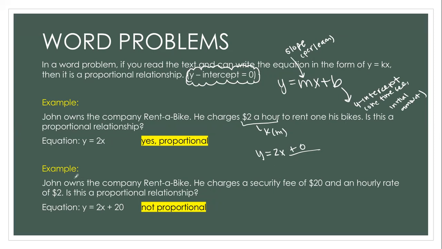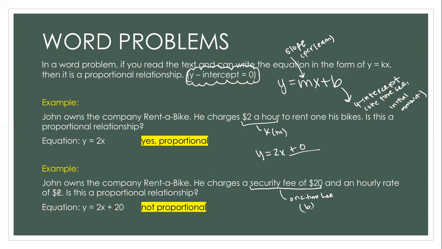On my second example, John owns the company Rent a Bike. He charges a security fee of $20. Well, before I even keep reading, how many times am I going to pay $20? Only one time. That's a one-time fee. So therefore, that's my y-intercept.